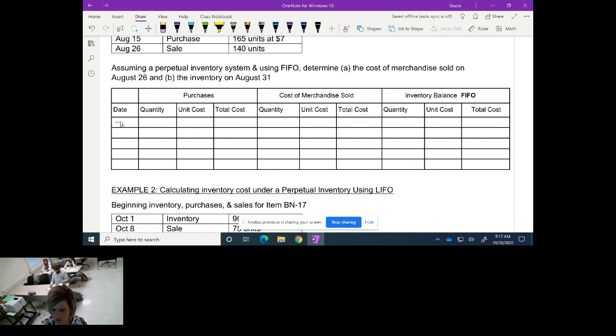Oh wait, y'all, sorry. August 1 is fine. I'm getting ahead of myself. I'm hoping y'all are writing in pencil. This is our beginning inventory, so 250 at $6 is $1,500. Y'all good? This is our beginning balance, so we're just going to enter our balance here. All right, so August 8th.